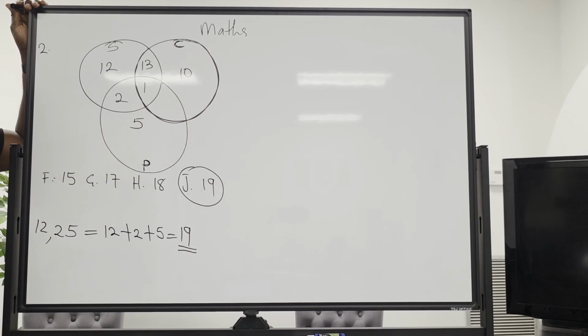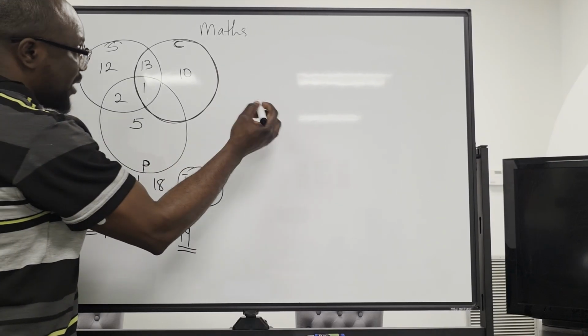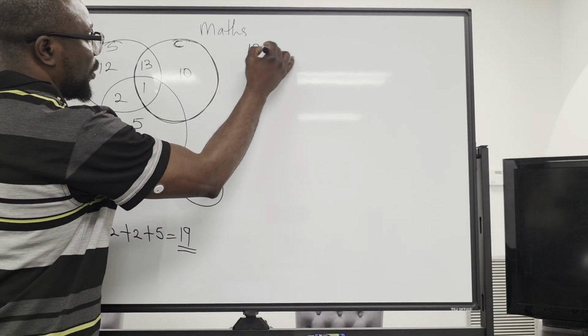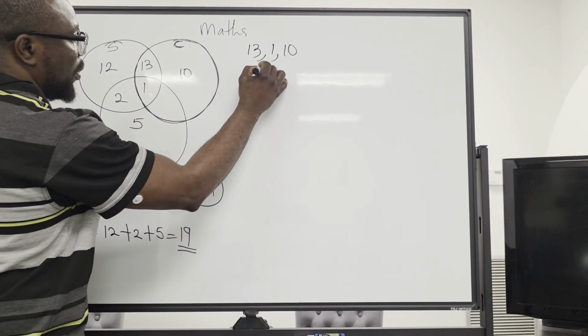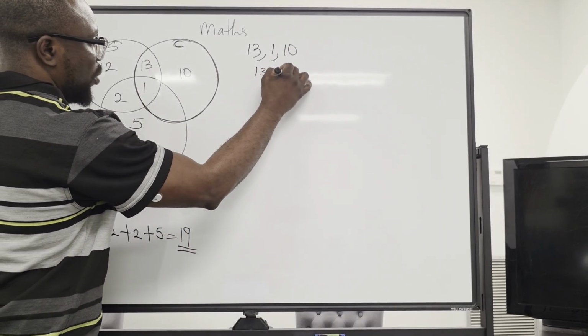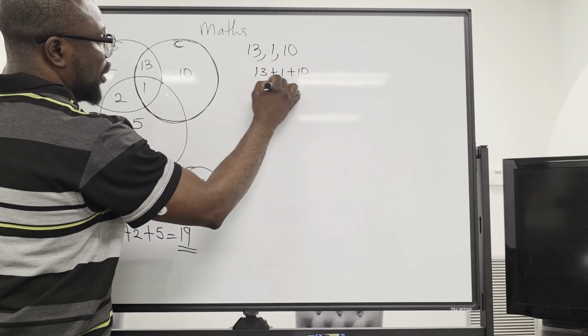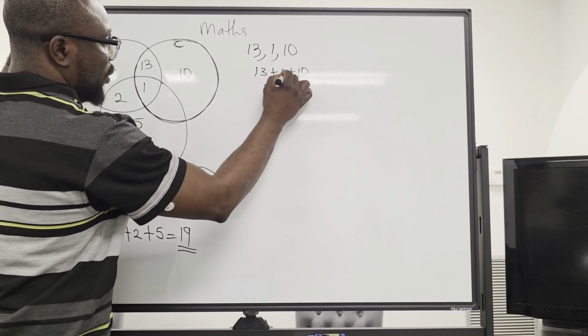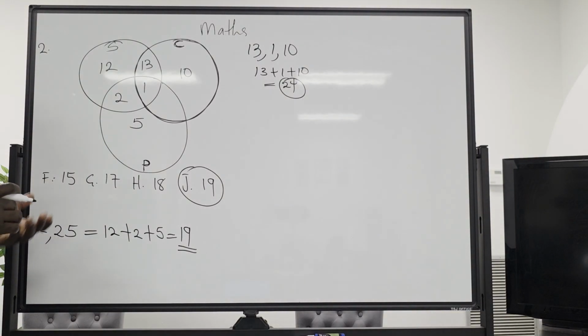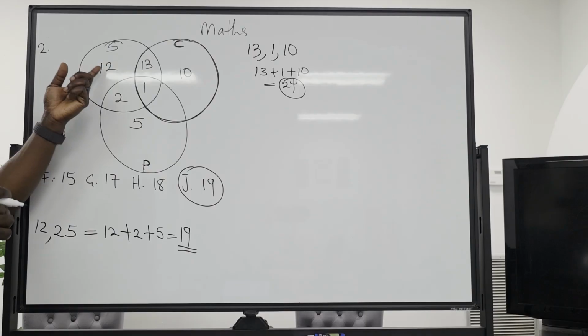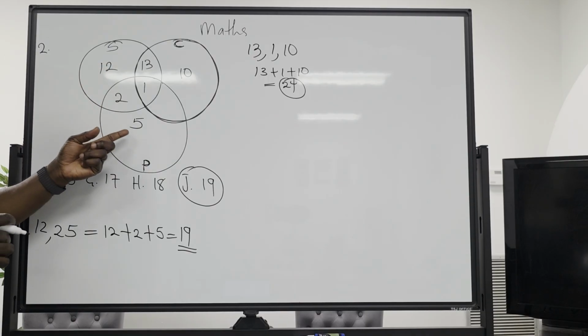So your answer would have been 13, 1, and 10. When you add these three together, 13 plus 1 plus 10, that gives you 24, for those that raise cows. But since they're only asking for those that do not raise cows, it's going to be 12, 2, and 5.